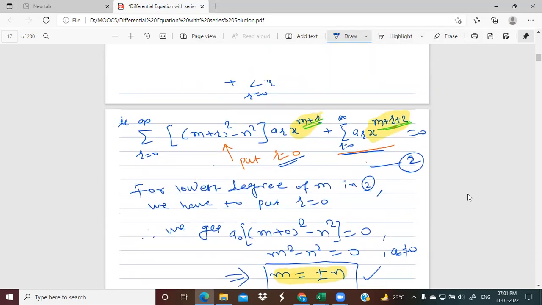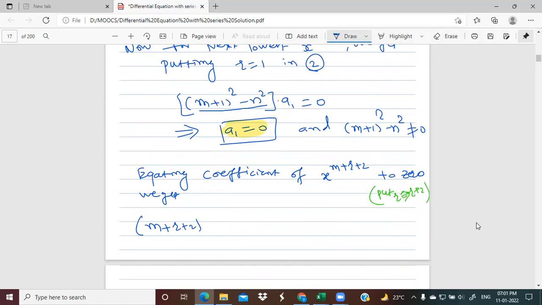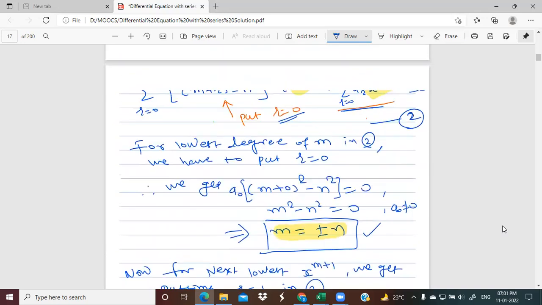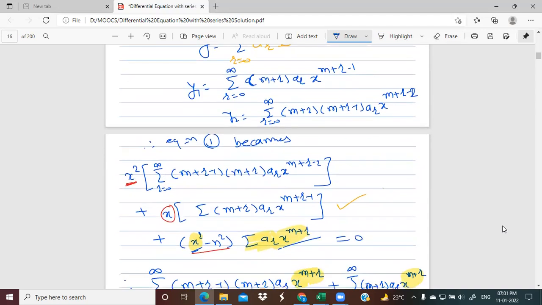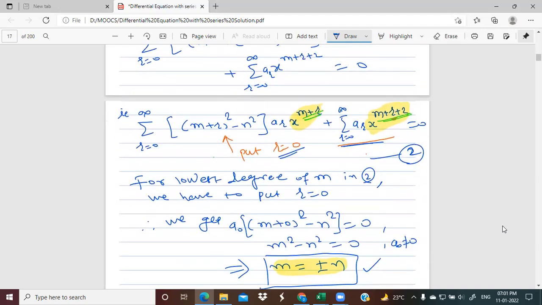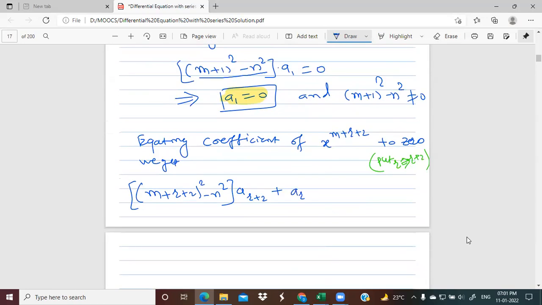In the next term, instead of R, I am replacing it with R plus 2, minus N square into AR, but we have to write R plus 2, plus the next term. This is your AR. Here is the AR term, and this term goes on changing as R plus 2, plus AR is equal to 0.